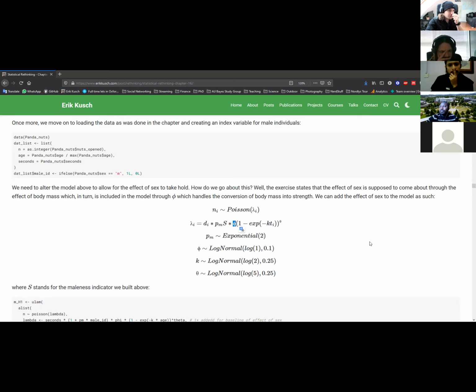This just tells us the relation of body mass onto strength, so this is where we need to tackle the issue. So I thought, why not just add a parameter for maleness, which gets multiplied with the index of maleness, which is just an index of 1 or 0, and it's 1 if the individual is male, and multiply that with our scaling factor to show that males have a higher body mass, ergo they also have a higher strength because of the increasing returns.